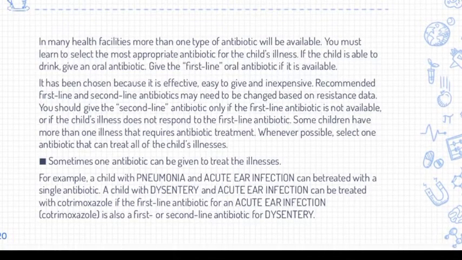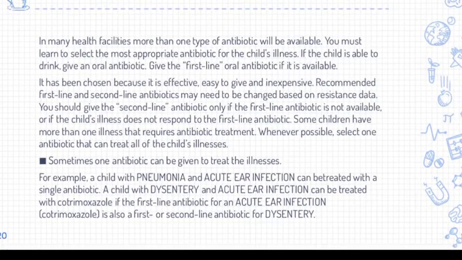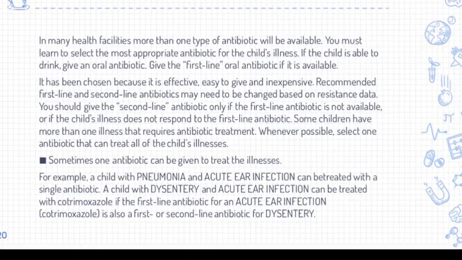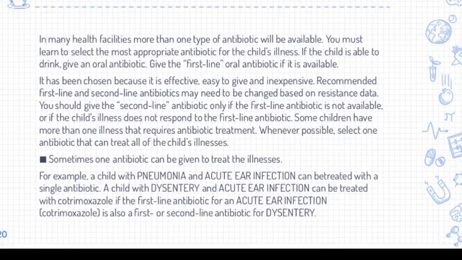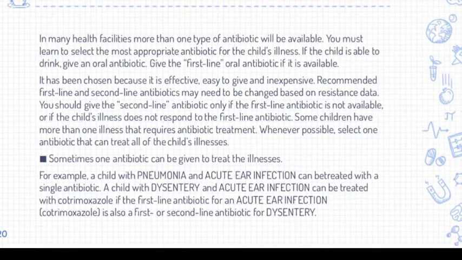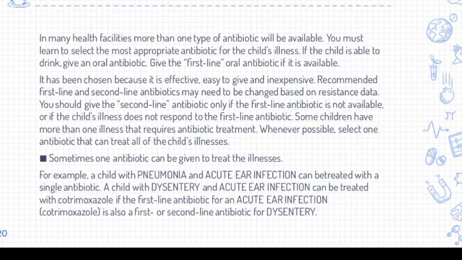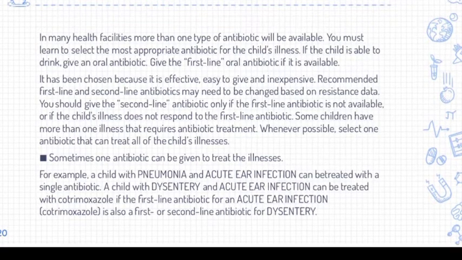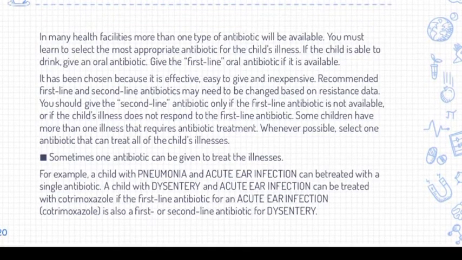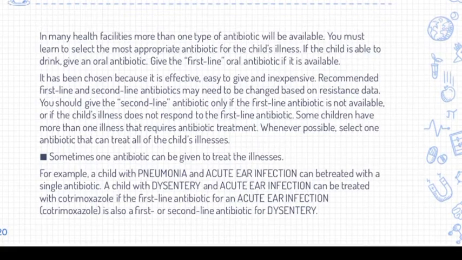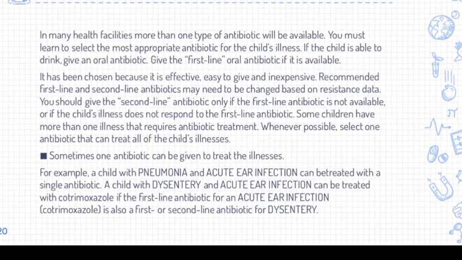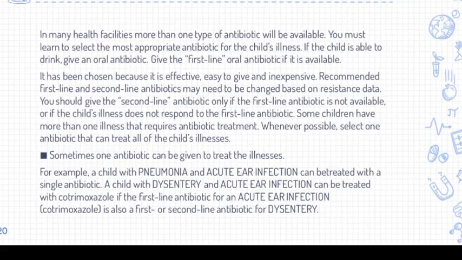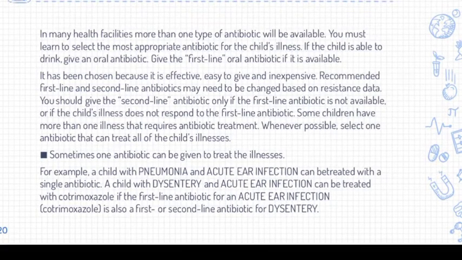Sometimes one antibiotic can be given to treat the illnesses. For example, a child with pneumonia and acute ear infection can be treated with a single antibiotic. A child with dysentery and acute ear infection can be treated with cotrimoxazole. If cotrimoxazole is the first-line antibiotic for acute ear infection, it is also a first or second-line antibiotic for dysentery.